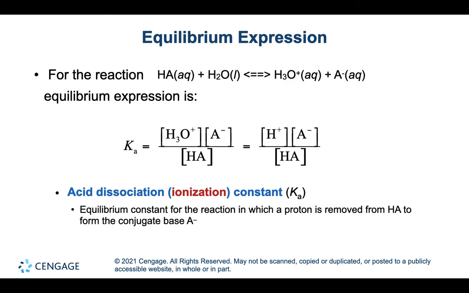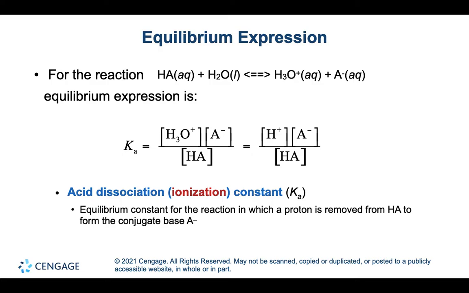I would prefer actually the term acid ionization constant because HA is typically a molecule, not an ionic compound. Ionic compounds dissociate. Molecules that form ions ionize, but that's just semantics. So the Ka here would be the products over the reactants, or H3O plus times A minus over HA. Notice we left out the H2O because it's a liquid. Liquids are not included in equilibrium expressions.